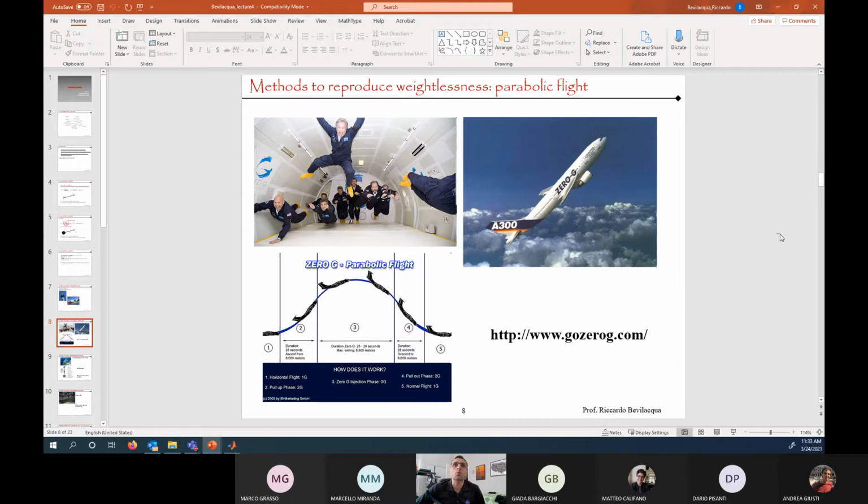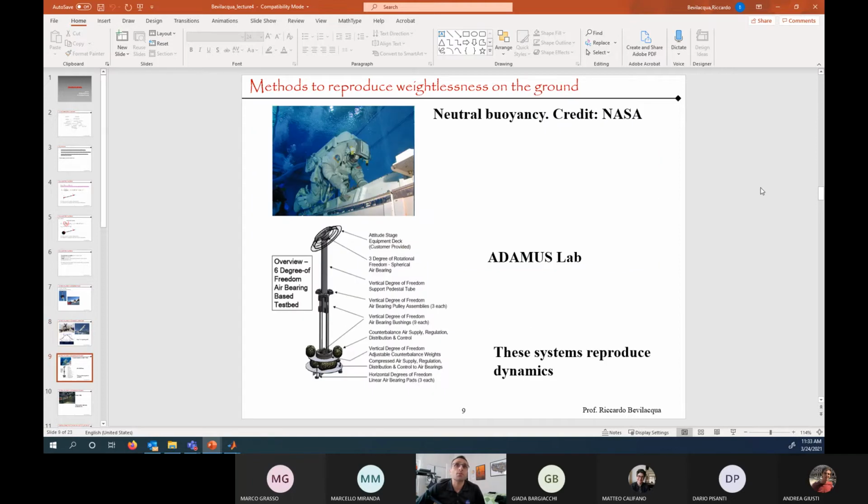For astronauts, another way to remove the weight is neutral buoyancy systems. You go in a tank, in a pool, and the Archimedes principle creates a floating force that more or less compensates for your weight. So you're kind of floating in the tank.